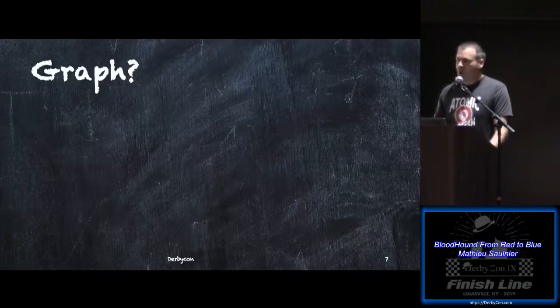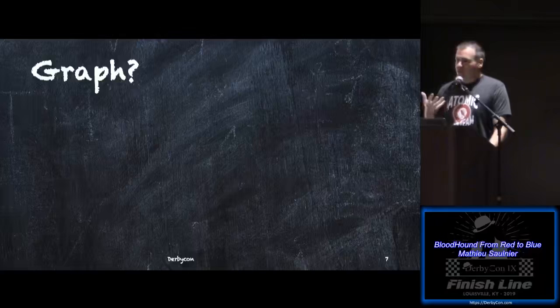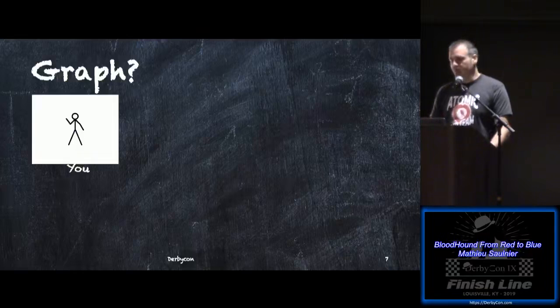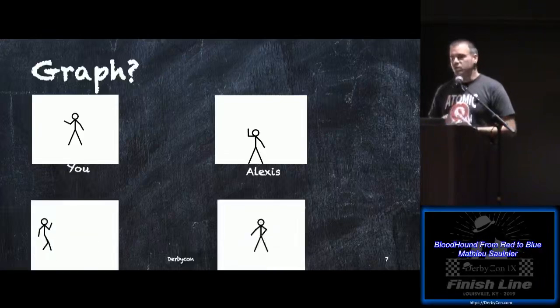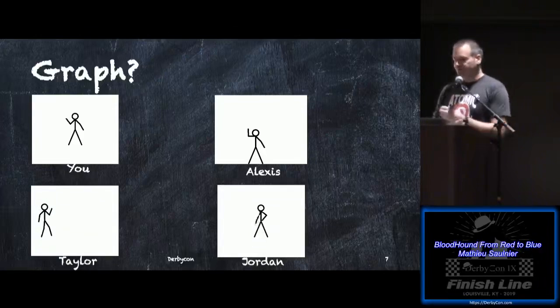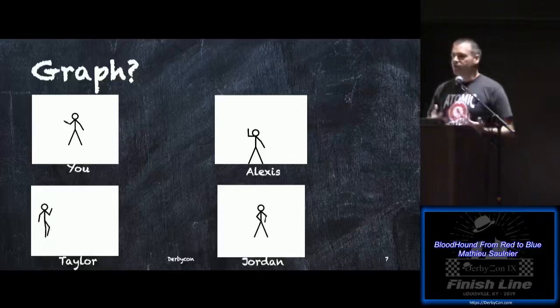What is a graph? Well, a graph is not a security concept per se. It can be used in everyday life, like in this example. So you and Alexis are in a restaurant. Along come Taylor and Jordan. You become infatuated with Jordan, and you're going to leverage a set of relationships in order to get what you want.